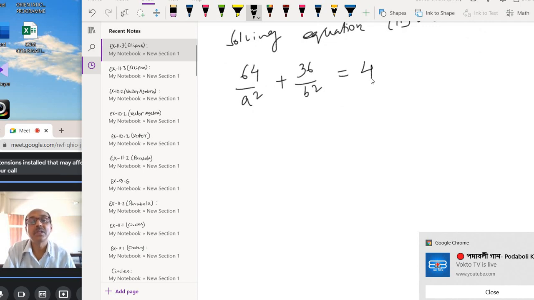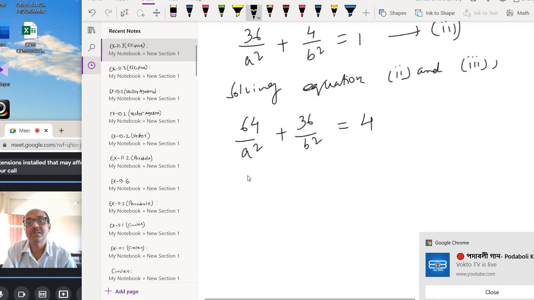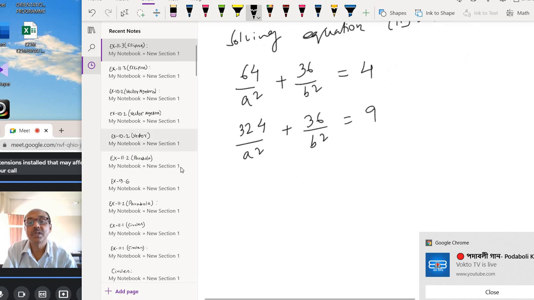Then equation 3 multiply by 9. 9 into 36, 324 by a square plus 4 into 9, 36 by b square equal to 1 into 9 is 9.